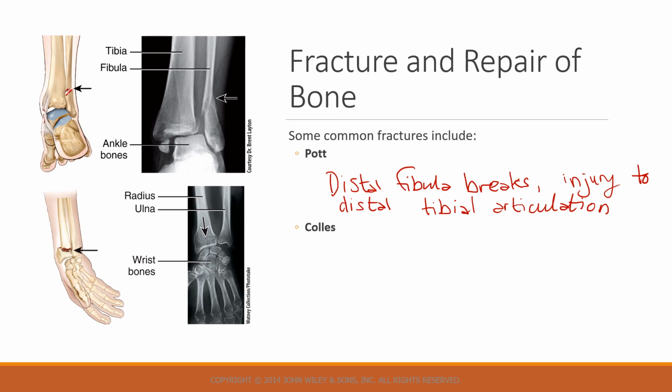Colles' fractures occur when the distal end of the lateral forearm bone, the radius, breaks and the distal fragment is displaced posteriorly.